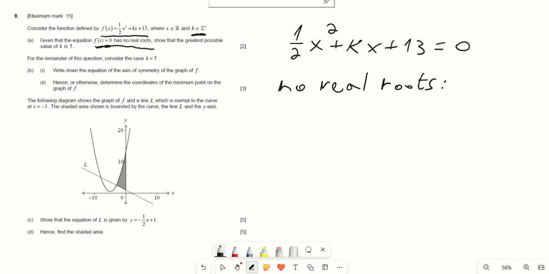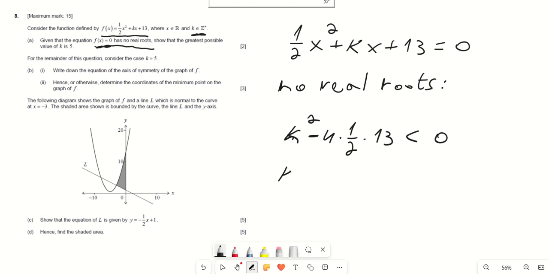So the term k squared minus 4 times half times 13 is negative. Then I get under the square root, when I try to solve this equation, a negative expression, and therefore there is no real roots.